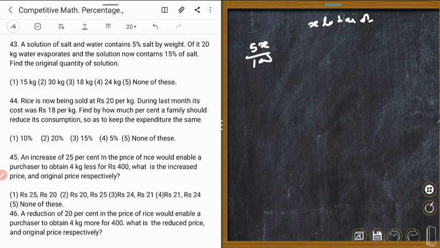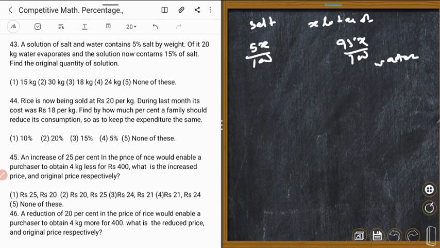The rest is 95x upon 100, which is water. Could you understand? The solution is x liters. Of the solution, 5% is salt, and this is water.